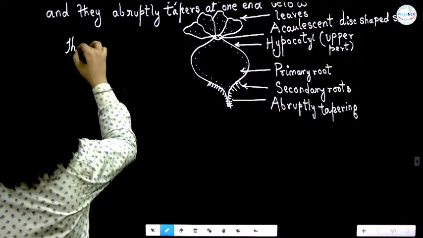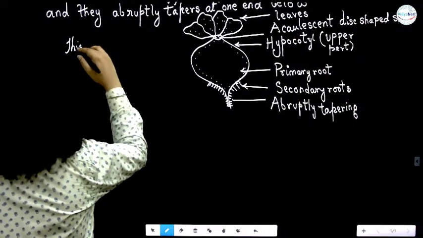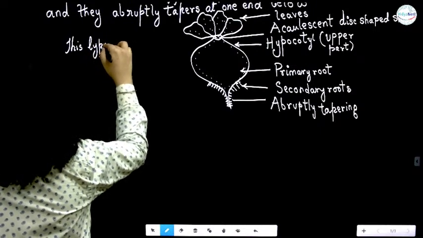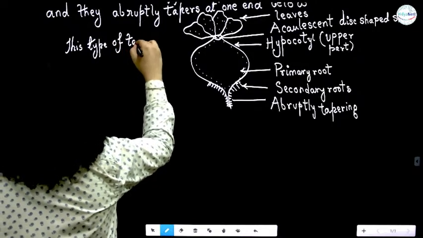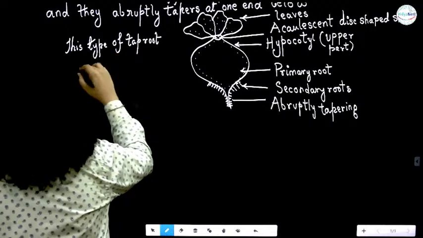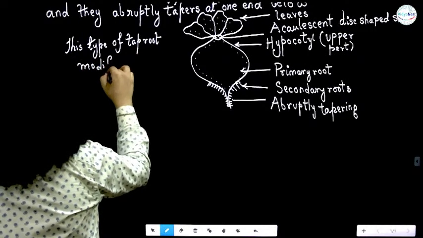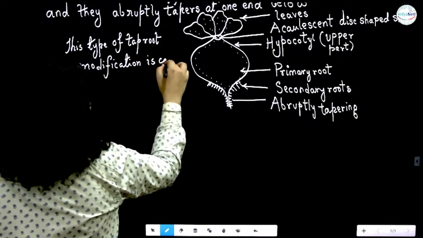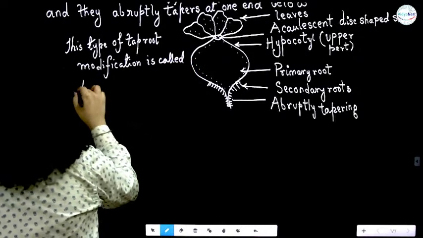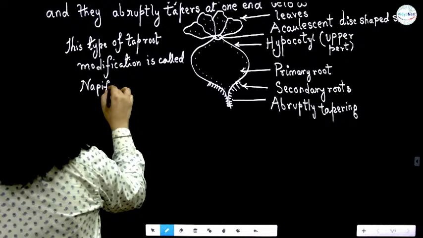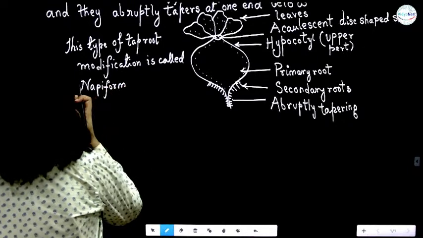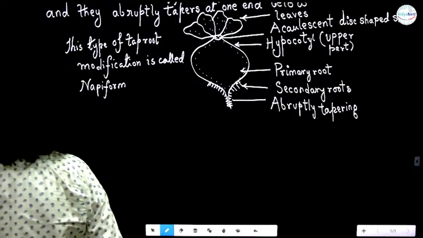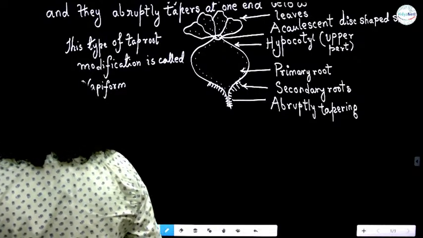This type of taproot modification is for storage. It is known as napiform.